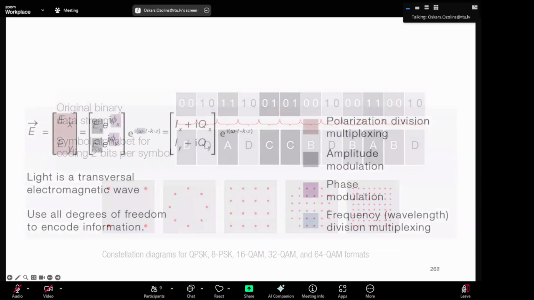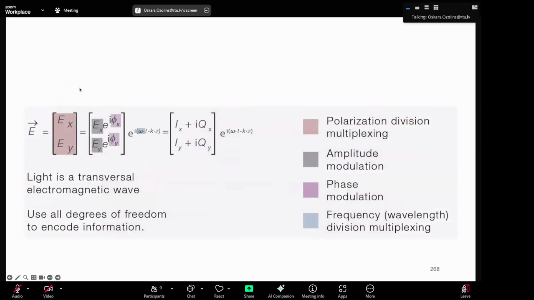Right. Then there are different ways that could be used to transmit information with light. What is currently being done is that all degrees of freedom for light are used to transmit information. So here we have an equation where we have an electromagnetic wave.